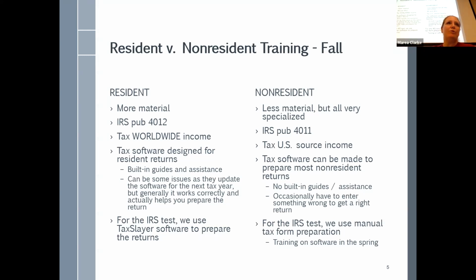So you're learning the tax return, the laws and the forms, as opposed to the tax software, which is very different. And we will do software for non-residents in the spring. So those are the main differences. More information, but a lot of help. Less information, specialized, but you've got to kind of know what you're doing before you start trying to mess with the software.